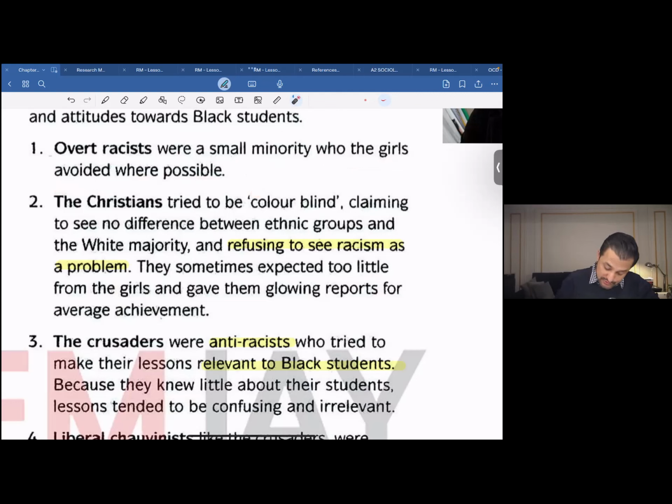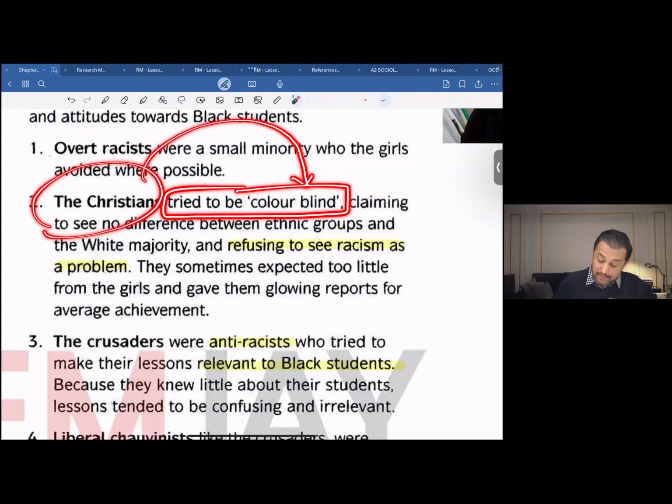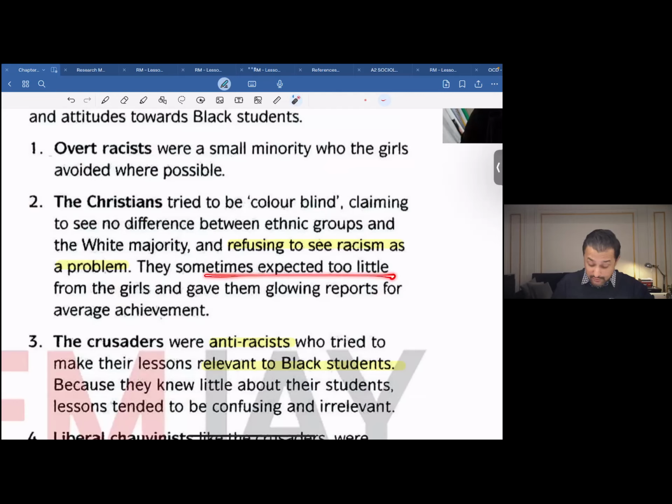Number two, the Christians. Now, Mirza refers to these teachers as trying to be colorblind, or these teachers felt that racism wasn't really a problem that many Black girls were experiencing. They sometimes expected too little from these girls as well.